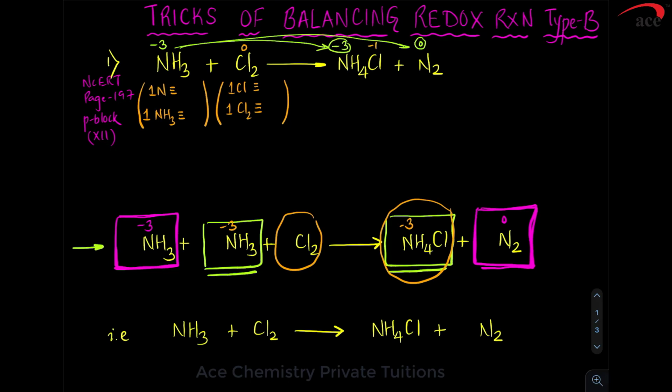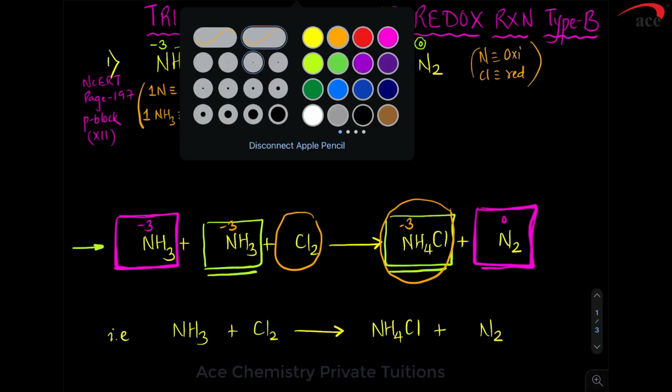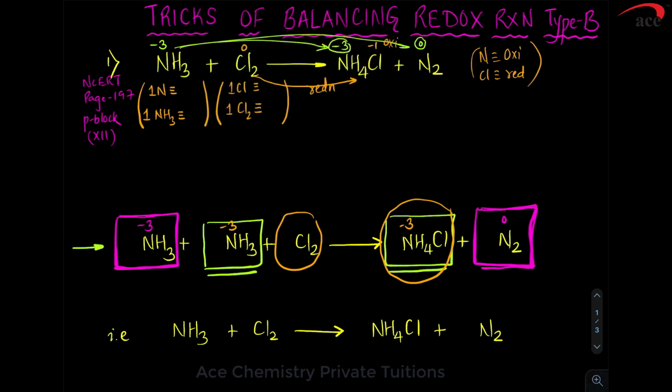Chlorine is going from 0 to -1. So chlorine is undergoing reduction and ammonia is undergoing oxidation. This is a typical redox reaction, where nitrogen is undergoing oxidation and chlorine is undergoing reduction. If you write down the oxidation states and the changes, nitrogen goes from -3 to 0, so the change is by 3 for one nitrogen.